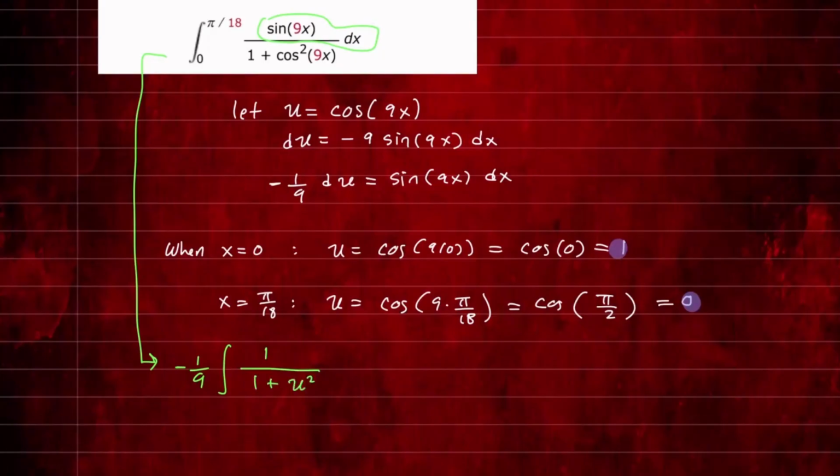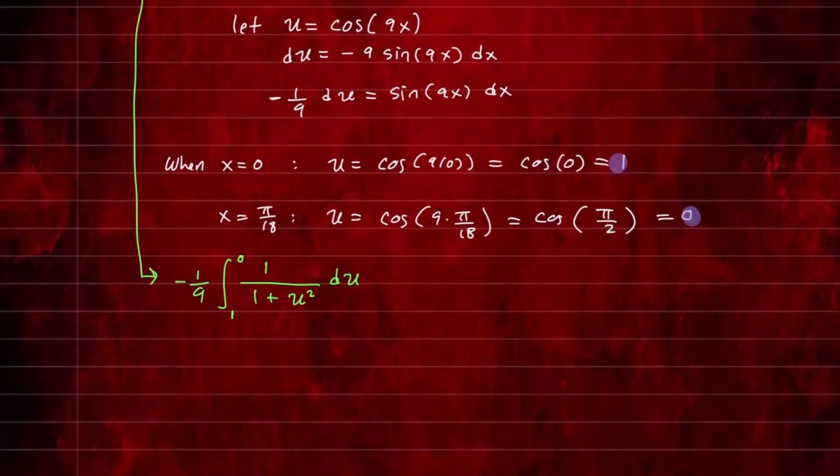So this will become u squared and du. So hopefully you can see that this gets the replacement of negative 1/9 du, and u is equal to cosine of 9x. And we have our new bounds. So we can also put them in there. They'll go from 1, that's the lower bound, and the upper bound is 0. All right, so that's how the integral looks. Now you just continue with this new variable, no need to go back. This is one way to do it.